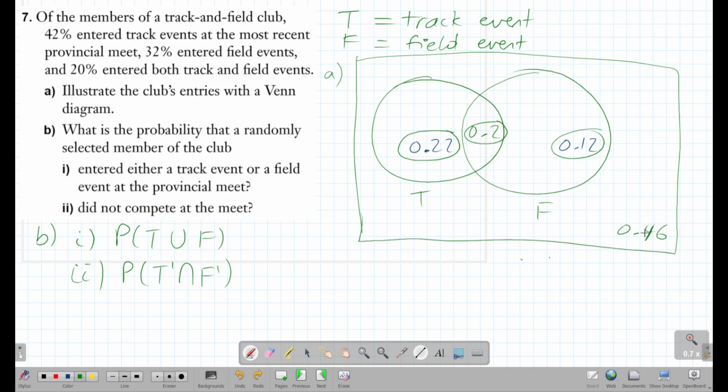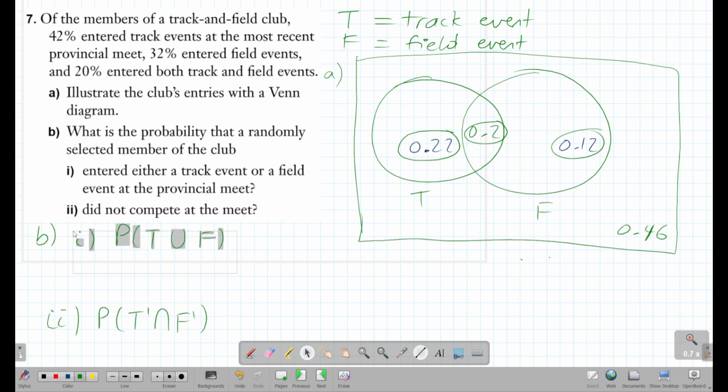That's why in A, I took the time to calculate the probability outside the Venn diagram. For 2, we need that, so I'm going to answer that right away.